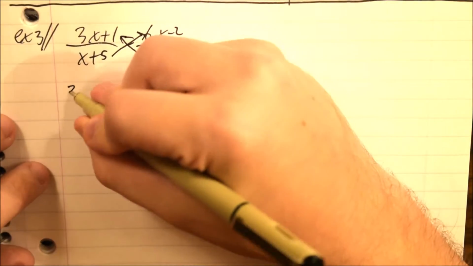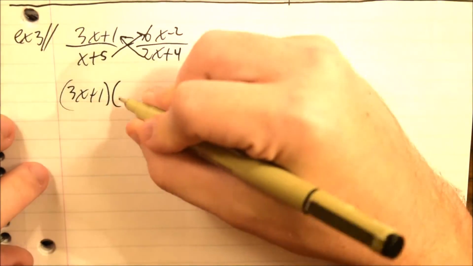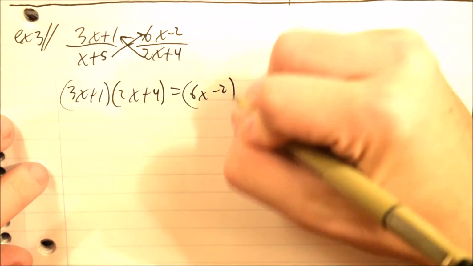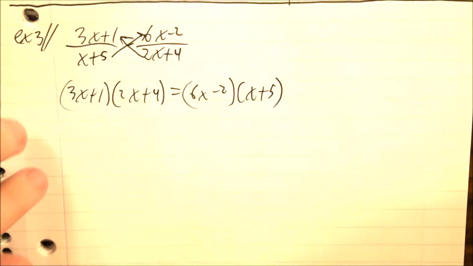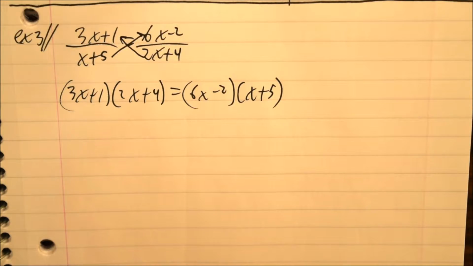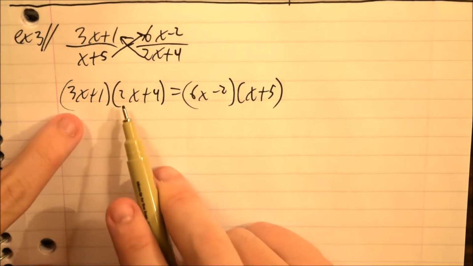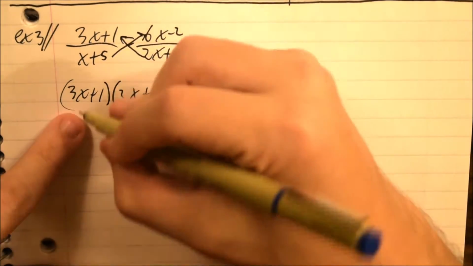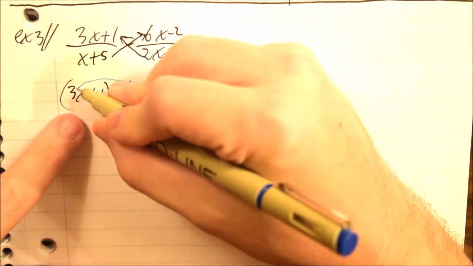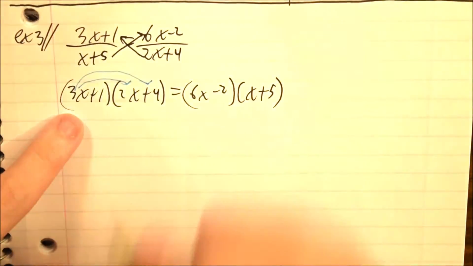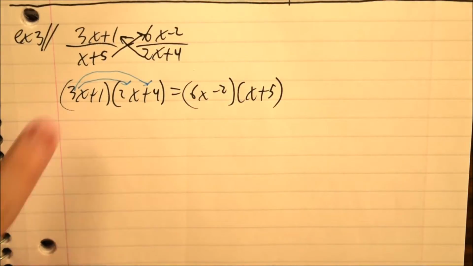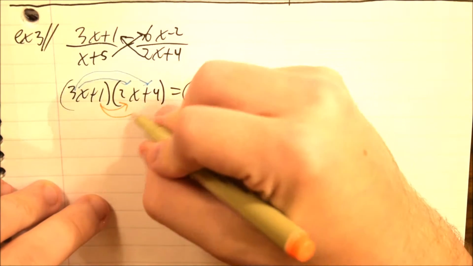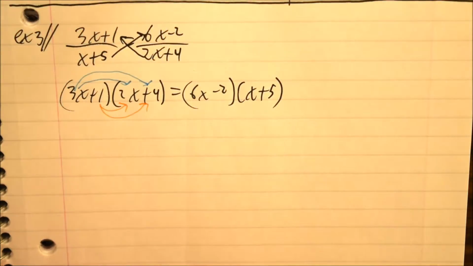So that's going to give me 3x plus 1 times 2x plus 4 equal to 6x minus 2 times x plus 5. Now I have to expand or FOIL both of these terms out over here. So I have to take 3x, multiply it by 2x, 3x, multiply it by 4, and then I have to do 1 times 2x and 1 times 4.